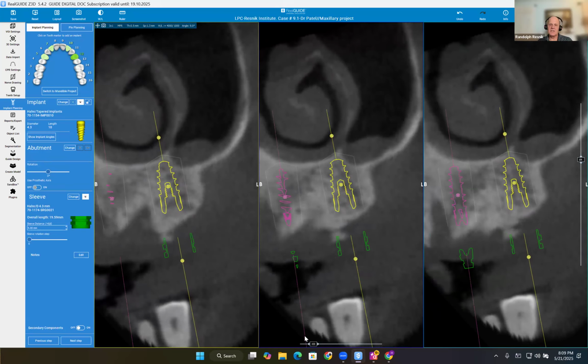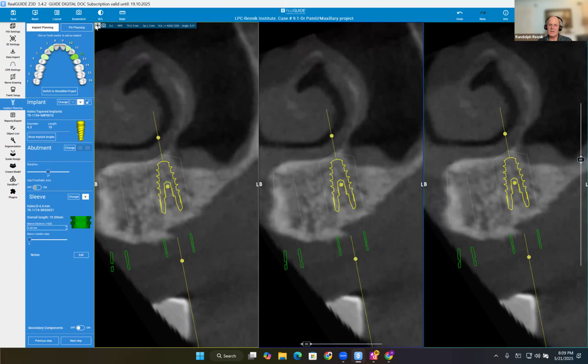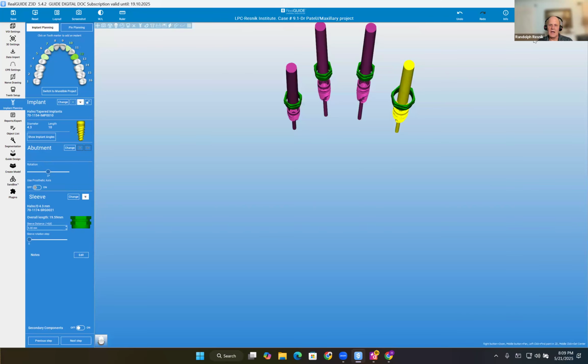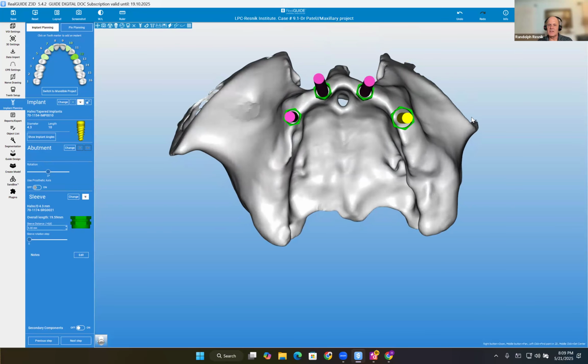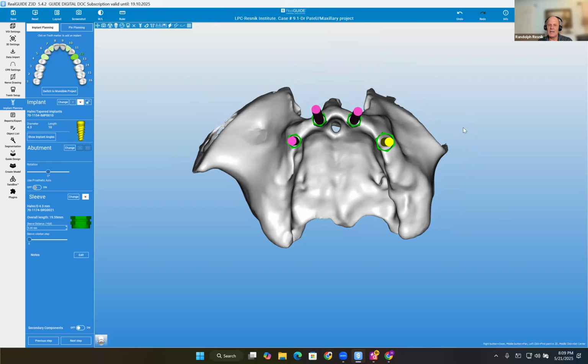Okay. So let's go back to the maxilla, the 3D. So Doc, a couple things. First of all, I would highly recommend you talk the patient into an RP5 on this, that it has to be a full denture.